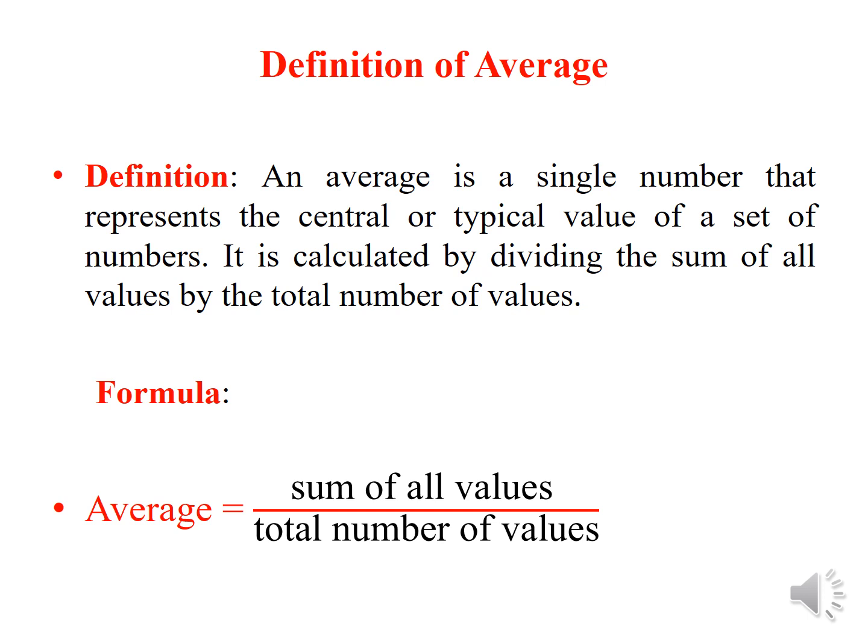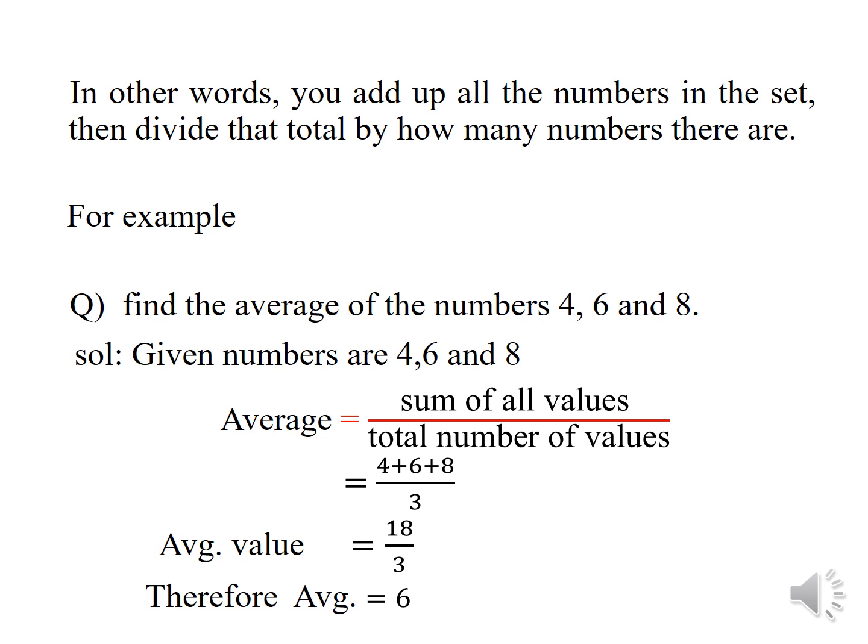And the basic formula for average is sum of all values by total number of values. Let us see another definition for average. In other words, you add up all the numbers in the set, then divide the total by how many numbers there are. Let us see one example.